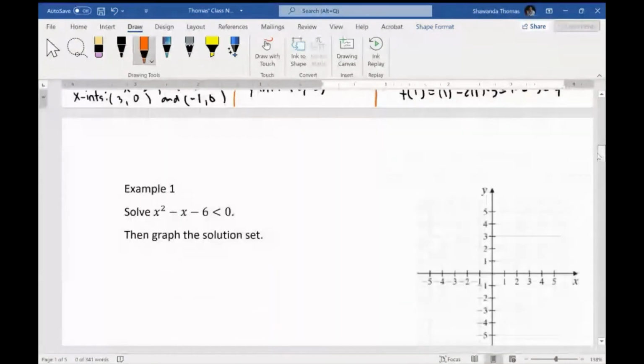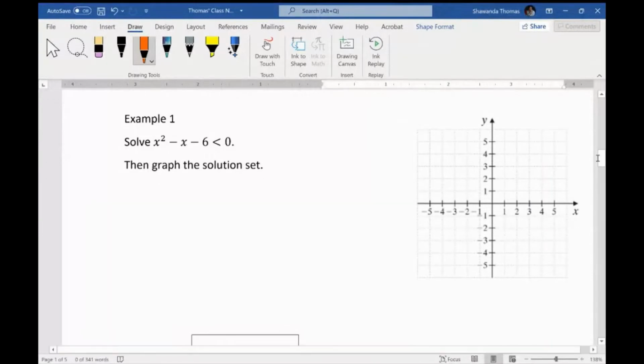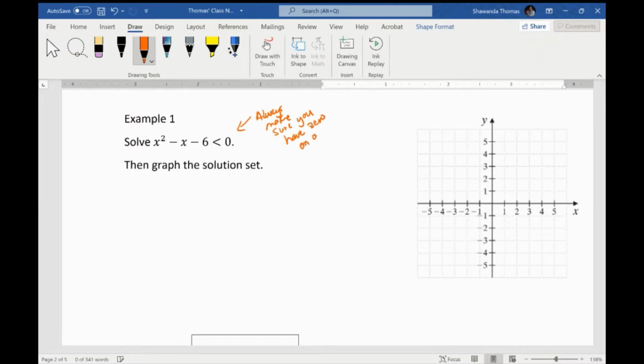All right, let's try this one. It's very similar. Let me point this out: I always make sure you have 0 on one side of the inequality before starting the problem.